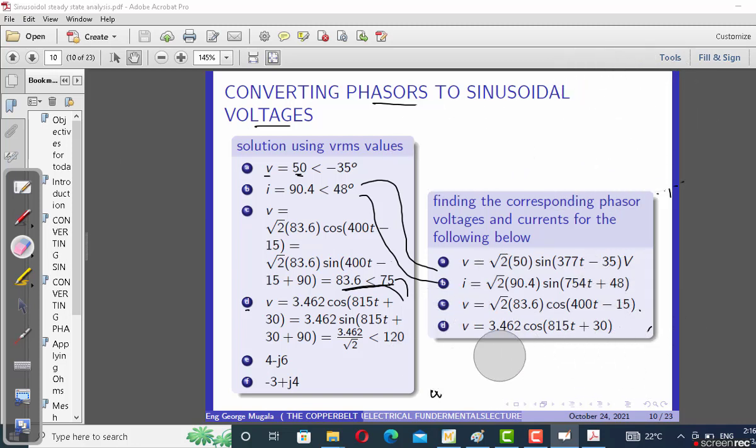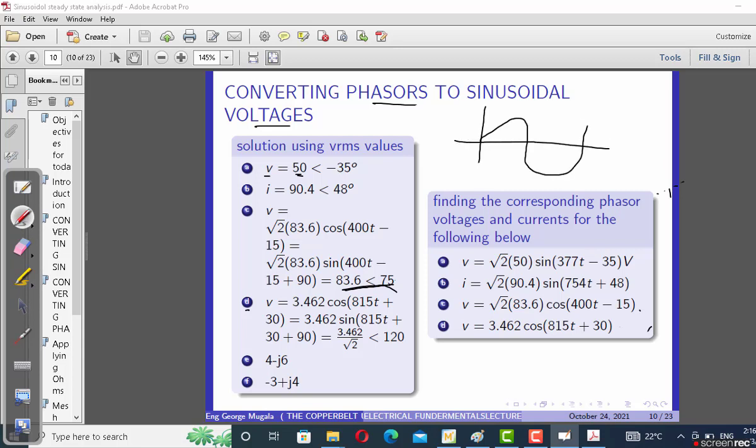Remember how the cosine function and the sine function look: the cosine function leads the sine function by 90 degrees. So if this is the sine function, then the cosine function will start somewhere here, and you can see it will always lead by this angle.